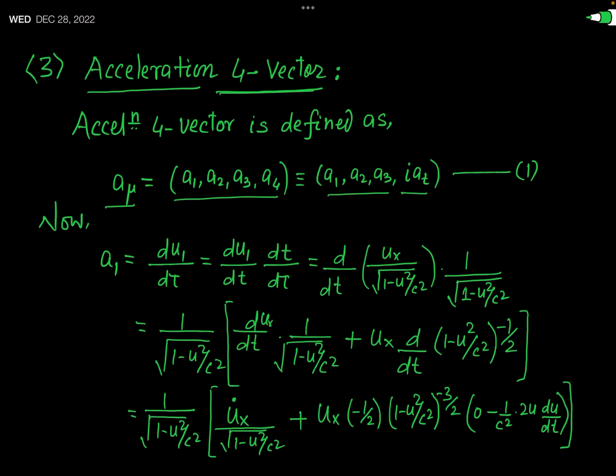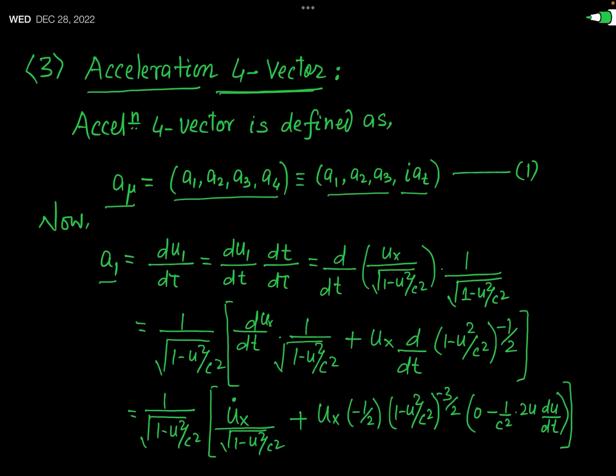When A1 is calculated, then in the light of that equation, you can easily write the expressions for A2 and A3. Although the calculation of A4 will be somewhat different, so that will be calculated independently. Now see, you know that acceleration is simply the time derivative of velocity.